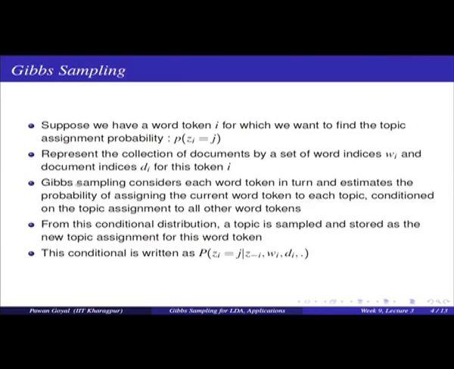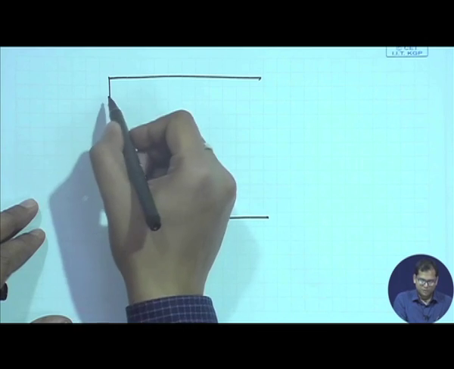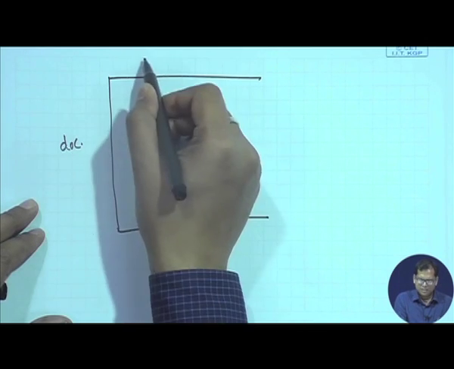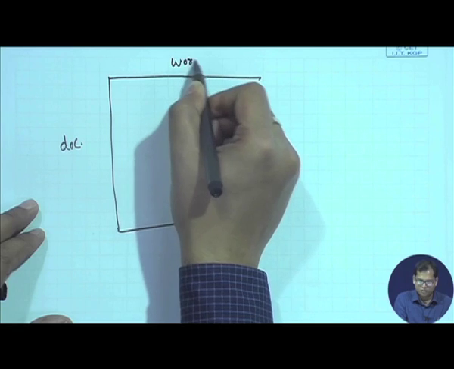What Gibbs sampling does is it considers each word token in turn and estimates the probability of assigning the current word token to each topic, conditioned on the topic assignment of all other word tokens. So in a particular iteration, assume that you know the topic assignment for all the other words except this word. Based on this you try to assign a topic to this word. So you have a set of documents, and suppose you know your unique words.